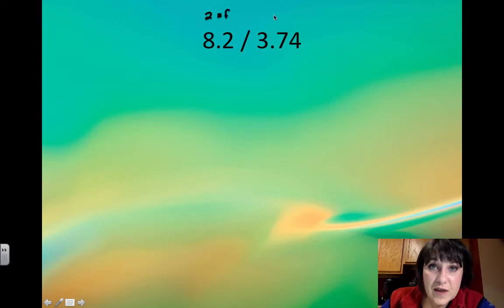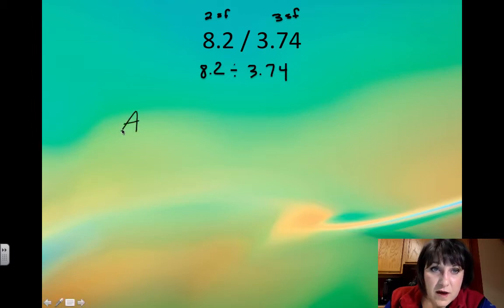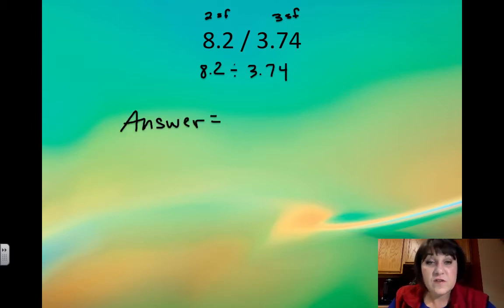Okay, what if we're dividing? Well, multiplying and dividing have the same rules. Since this number has 2 sig-figs and the 3.74 has 3 sig-figs, then I do my normal division, 8.2 divided by 3.74, and then in my answer, I'm restricted to only 2 sig-figs in the answer that I get to report.